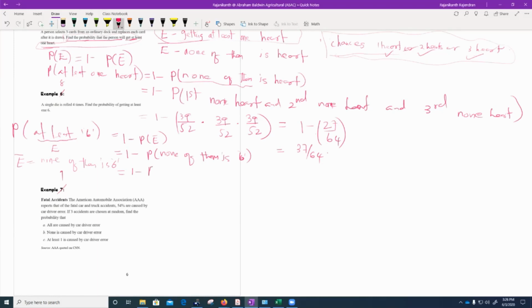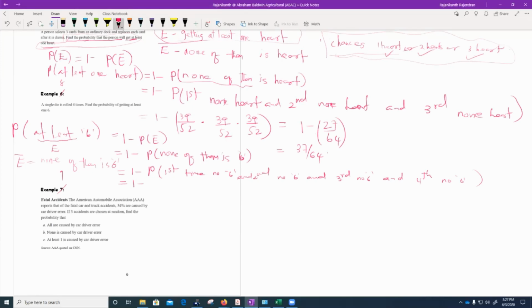That means the probability of the first time no 6, that's the meaning, and second time no 6, and third time no 6, and the last time, the fourth attempt also you are not getting number 6. So now remember, rolling a die gives independent events, so you could simply find them one by one and take the product of all four.